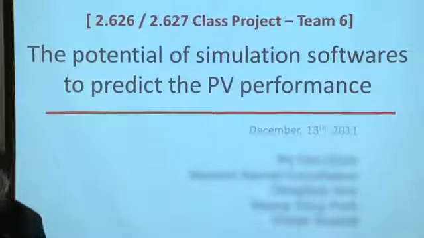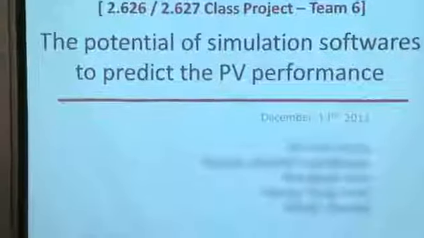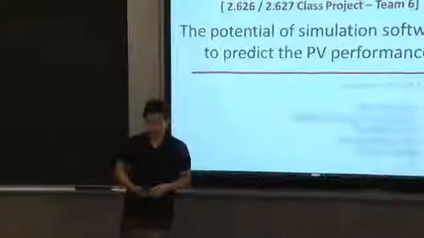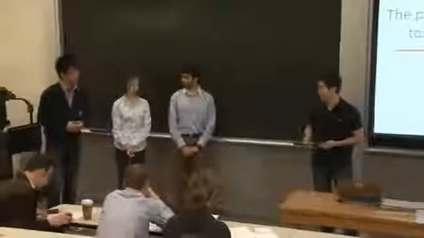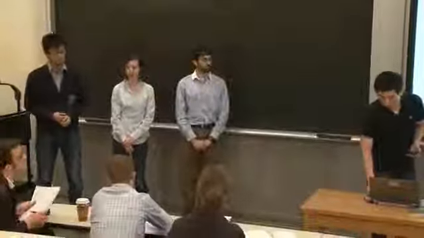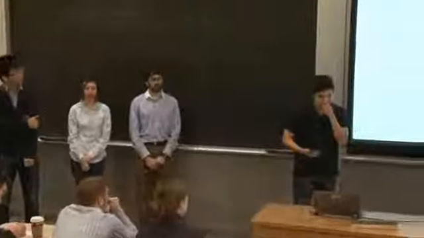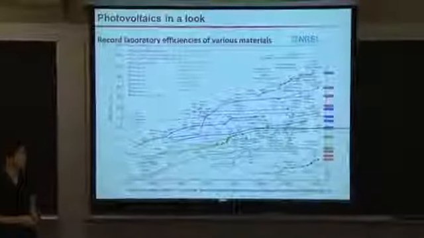So hi everyone, we are Team 6, and we're going to talk about the potential of simulation software to predict photovoltaic performance. Our team members are Boyan, Noemi, myself, Sing-Young, and Omer here. Okay, so this is the figure that you are very much familiar with.